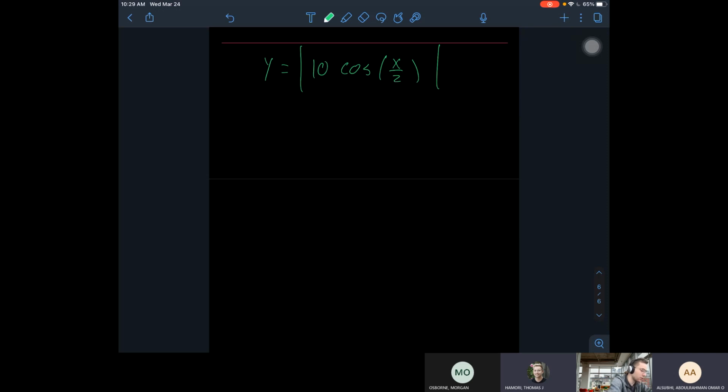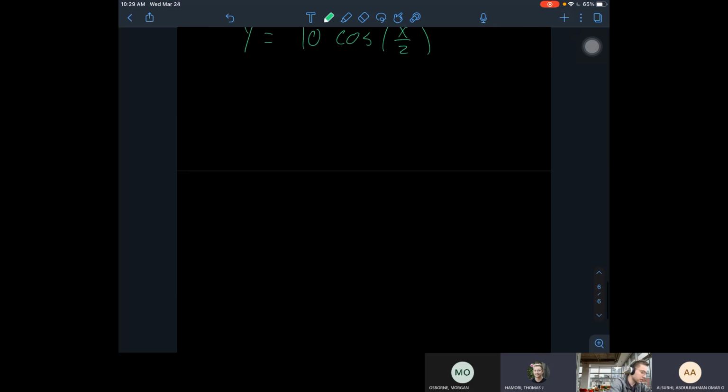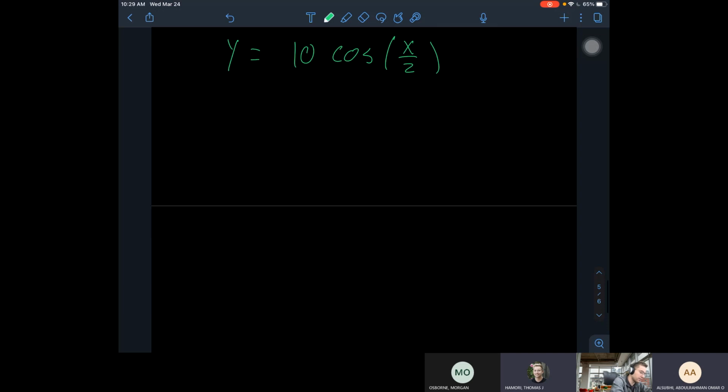So would you know how to do the problem if we didn't have the absolute value? Yeah, I know. So is the goal to graph it? No, tell me how it looks. Okay. So first of all, do you know how this graph looks? Yeah, I have the period 10.